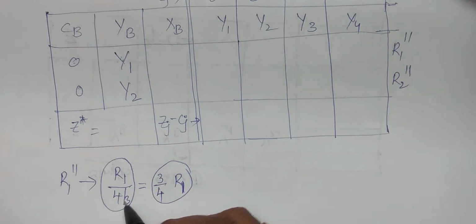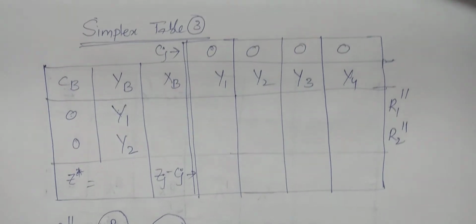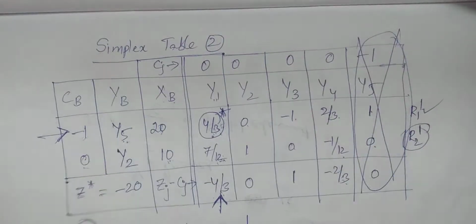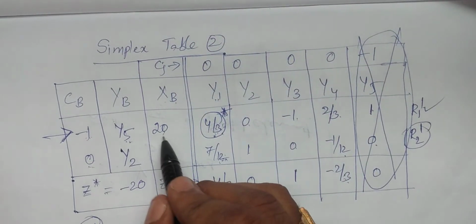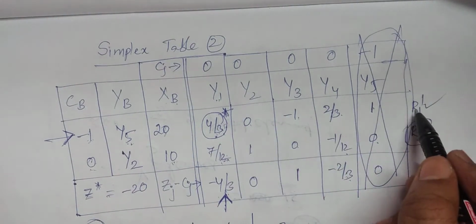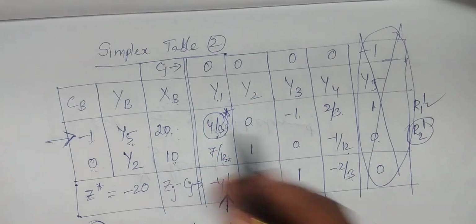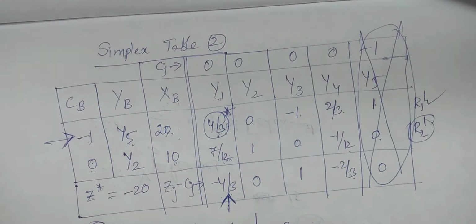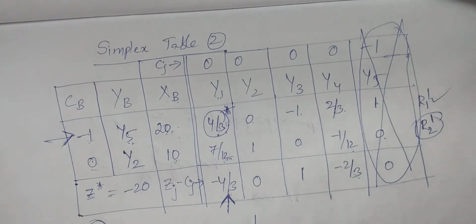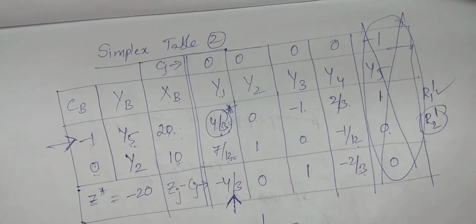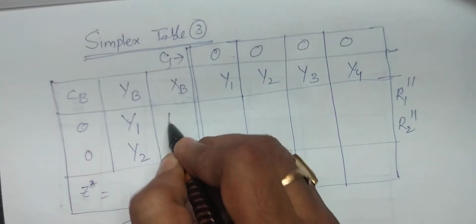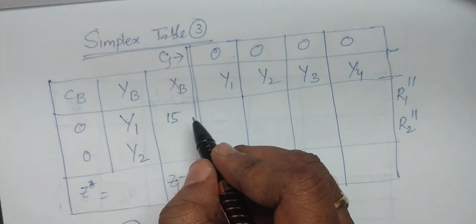So if you do the operations, what elements will you get? For R1 dash, you multiply by 3 by 4: 20 into 3 by 4, 4 5s are 20, 3 by 4 gives 15. So it is 15. Like that you have to calculate all the elements.